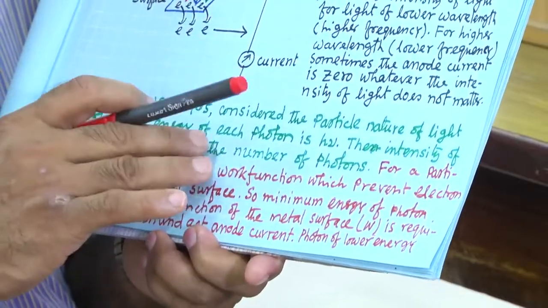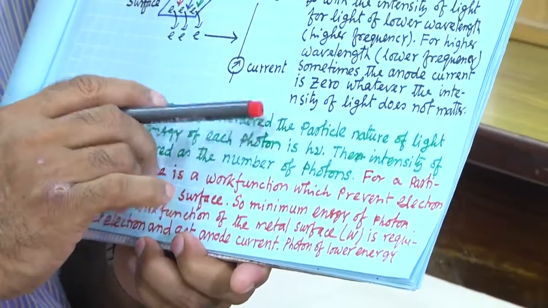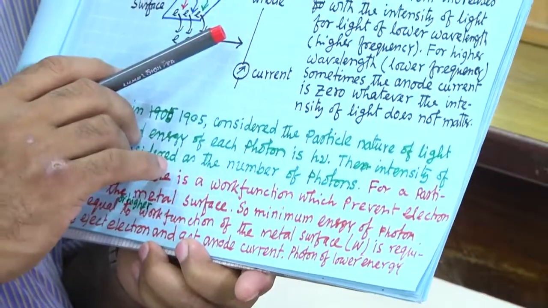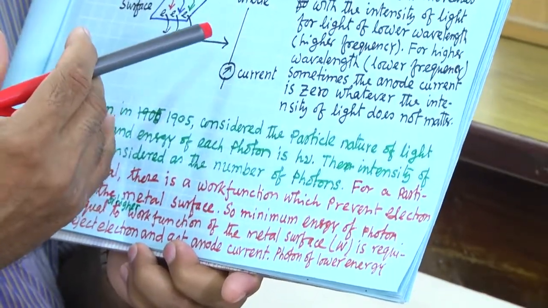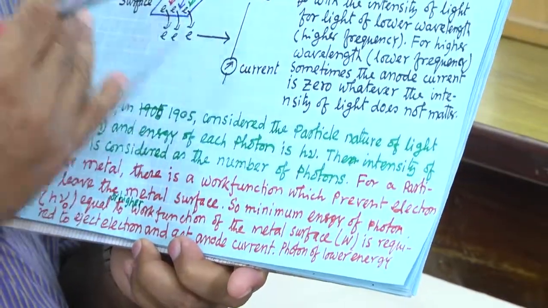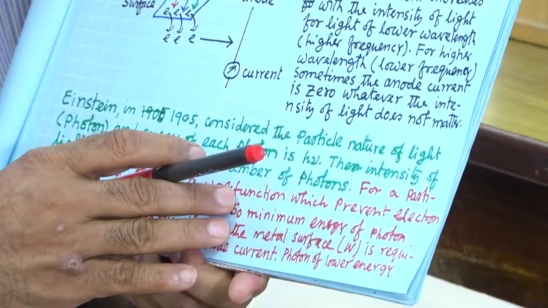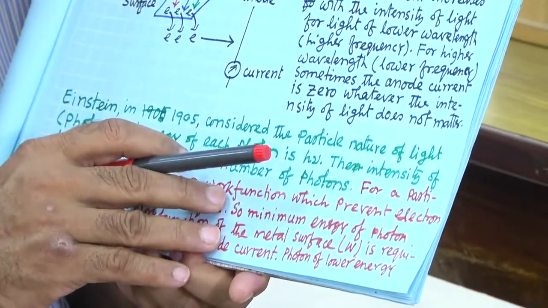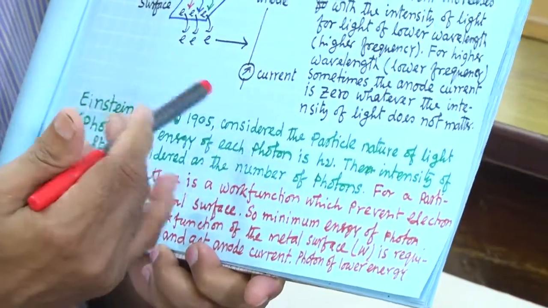So, it's a completely different concept than the wave concept of light. In the wave concept, amplitude plays the role. Amplitude is related to the energy. So, Einstein considered the light as a particle.